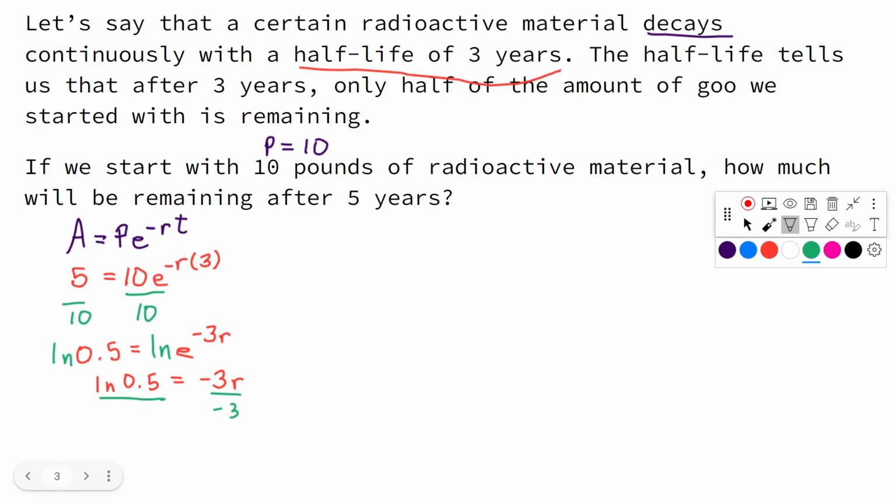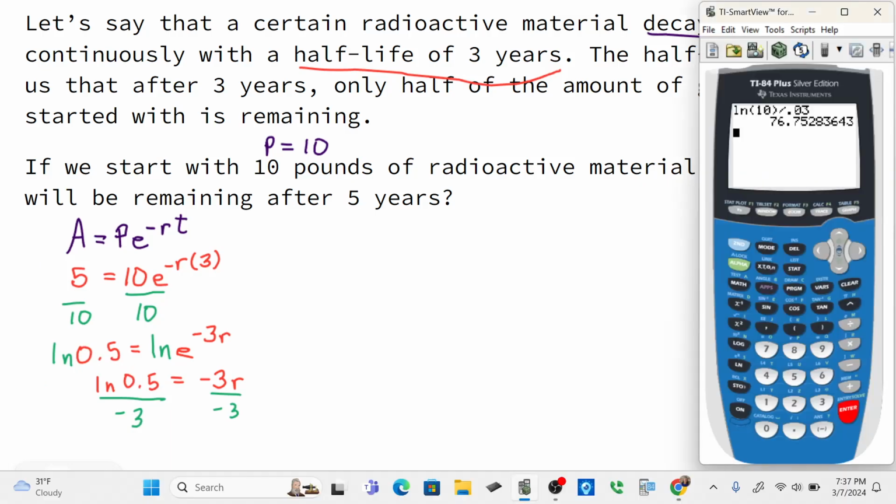And now we're ready to enter into the calculator. So we have the natural log of 0.5 divided by negative 3. Oops, I didn't close my parentheses. Let me go back and fix this. So the 0.5, I need to close the parentheses, then I can divide by negative 3.